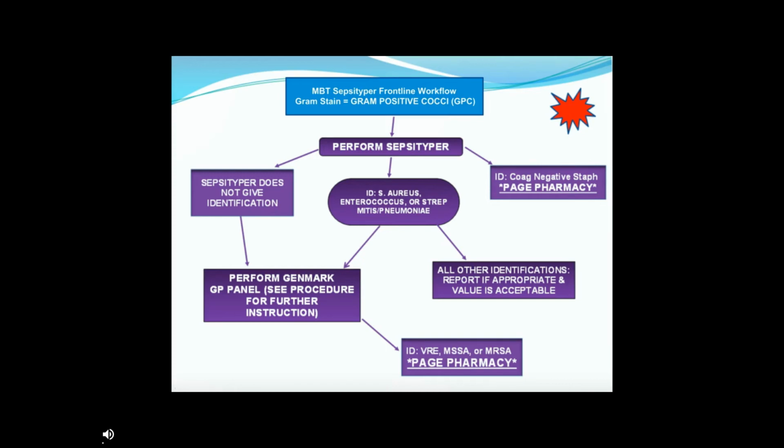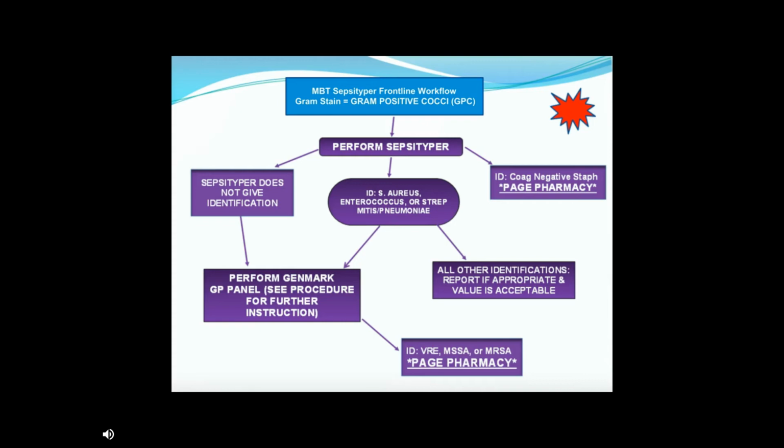And then depending on that identification, if it is a VRE, MSSA or MRSA, between the hours of 9 to 5, we do page our pharmacy, so that it will give them a heads up as to what the organism is, and they can continue or discontinue therapy as need be.